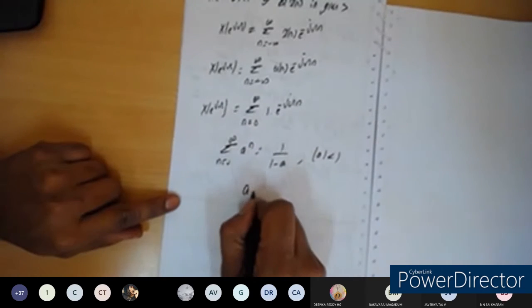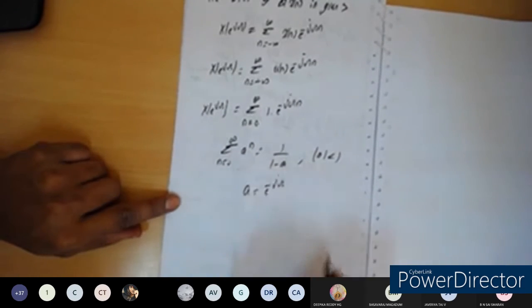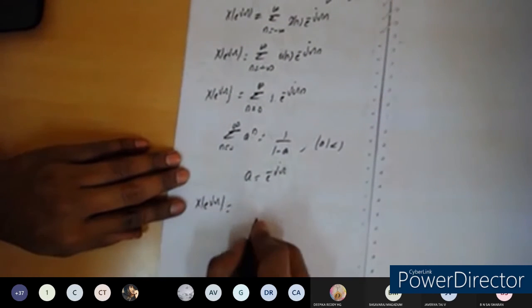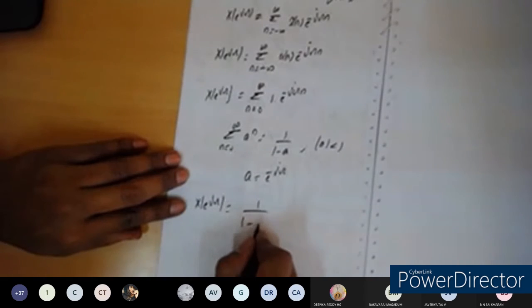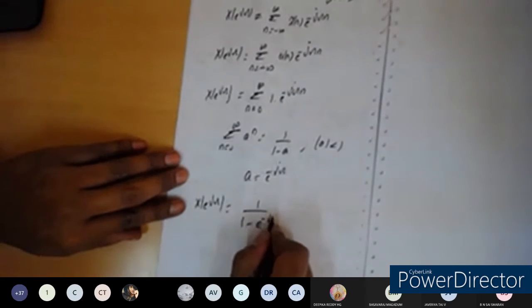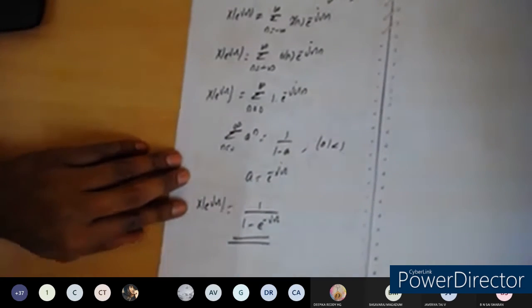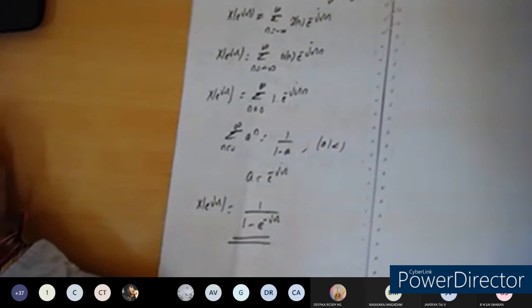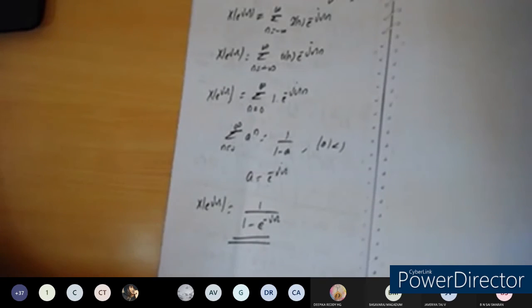So X of e to the power of j omega is 1 divided by 1 minus e to the power of minus j omega. This is the DTFT of the sequence x of n equal to u of n.